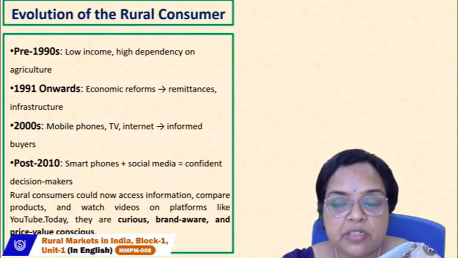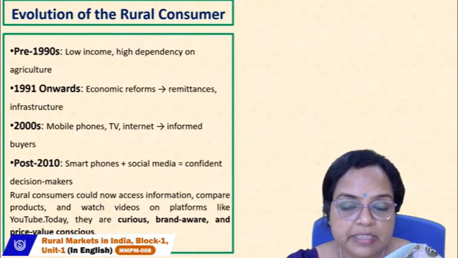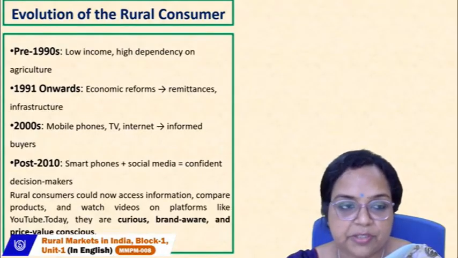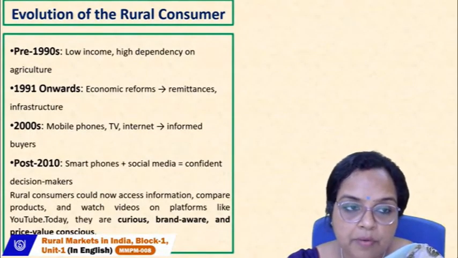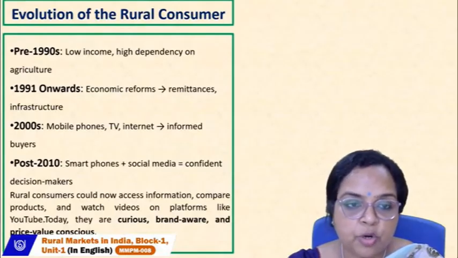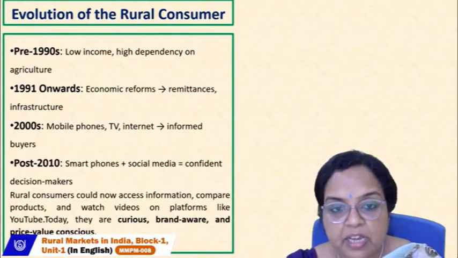How has the rural consumer evolved over a particular time duration? Pre 1990s, the income was low, with high dependency on agriculture. After 1991, economic reforms had happened.